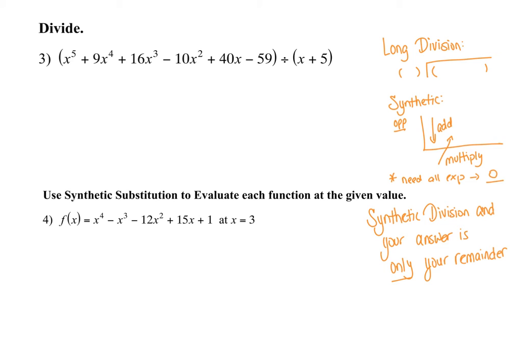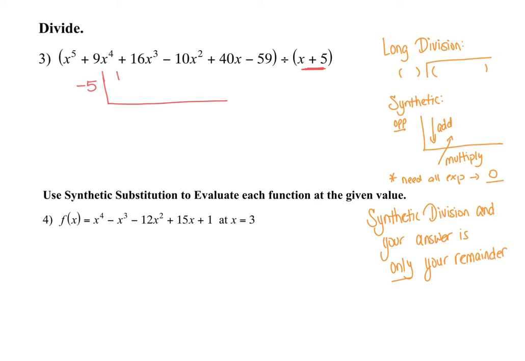All right, so the first one is simply asking you to divide. So if we did synthetic division here, on the outside, I do the opposite of this, right? So I'm going to say -5 out here. On the inside, I'm just going to use my coefficients.